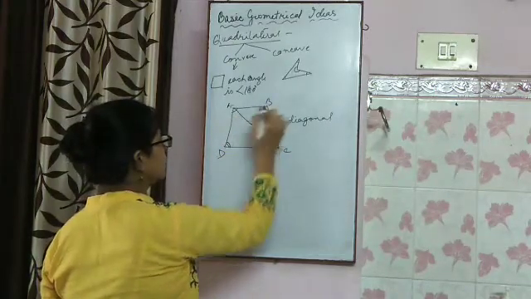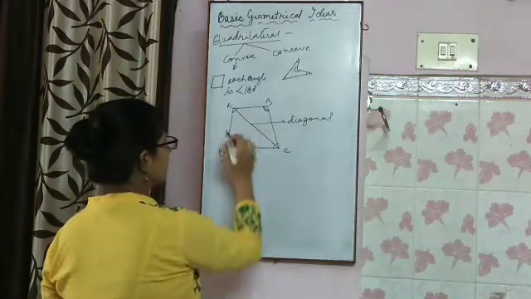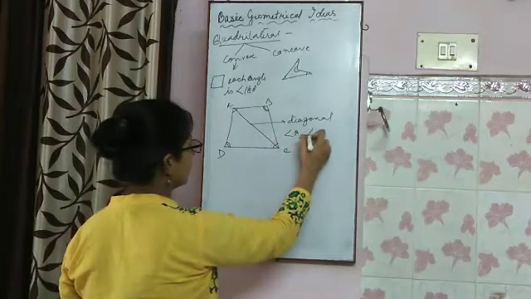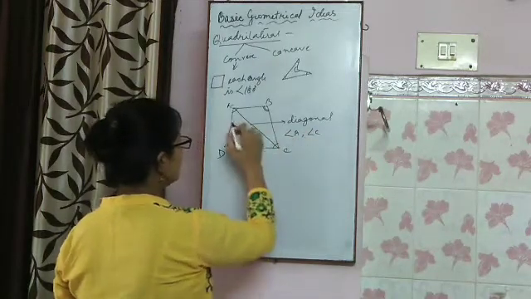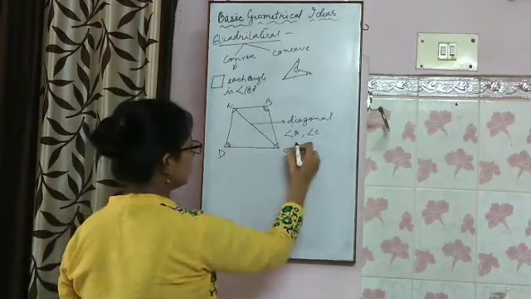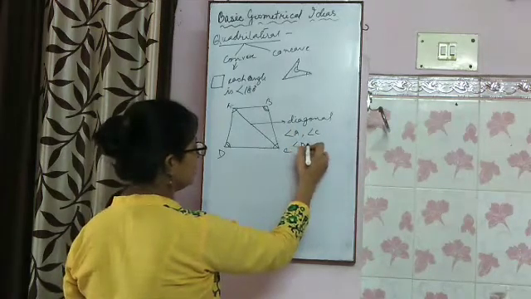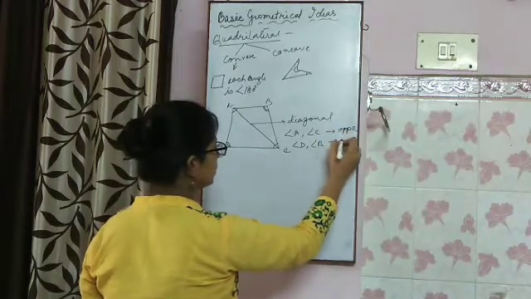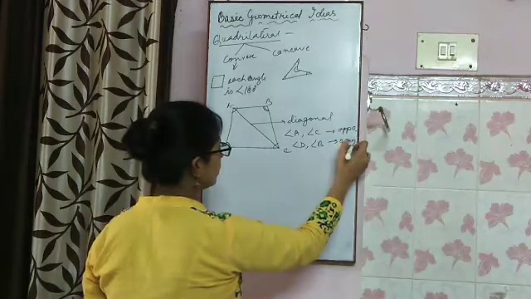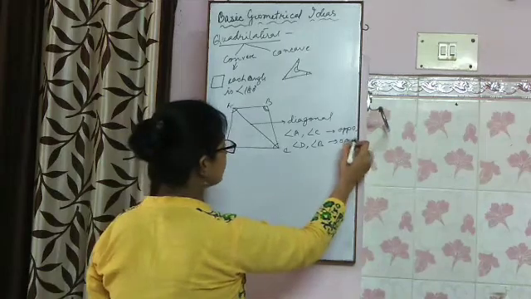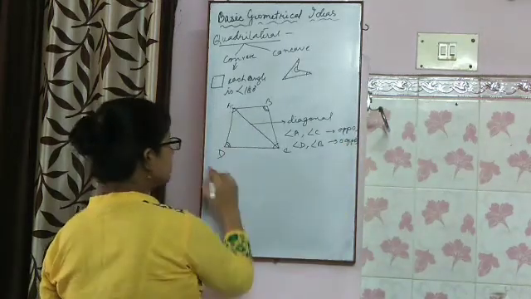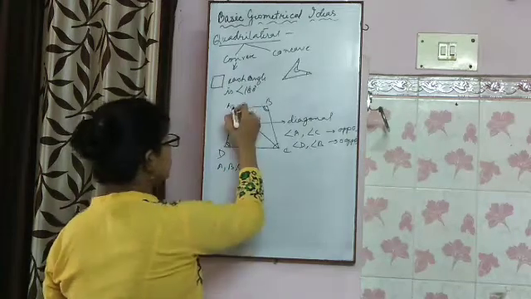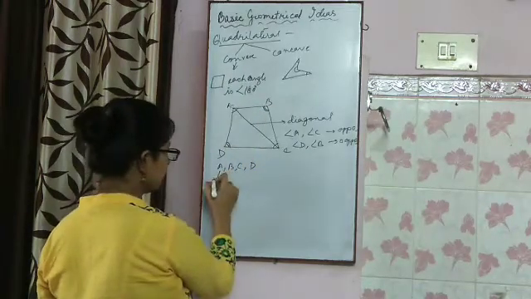These 2 are opposite angles. Angle A and angle C are opposite, and angle D and angle B are opposite. But the points are called vertices. A, B, C, D. A single point is called a vertex.